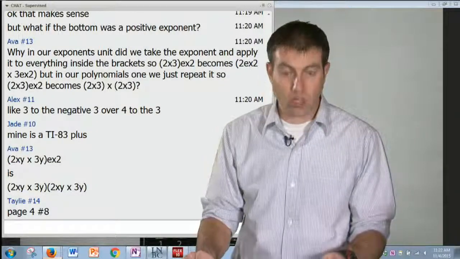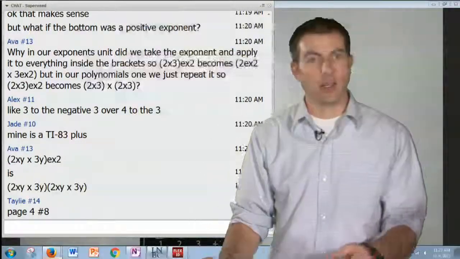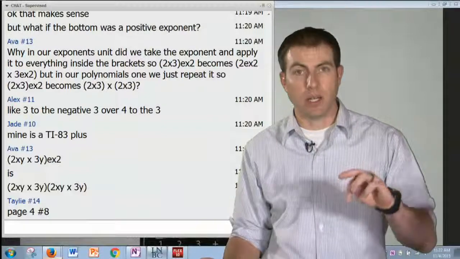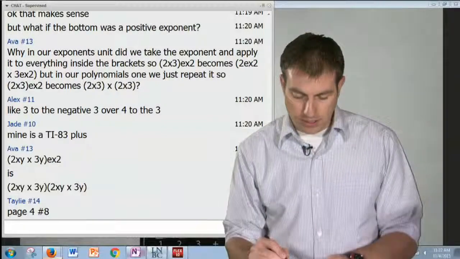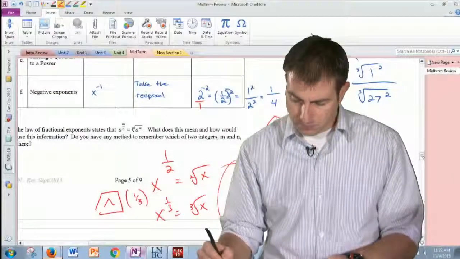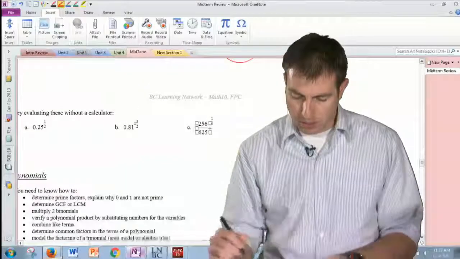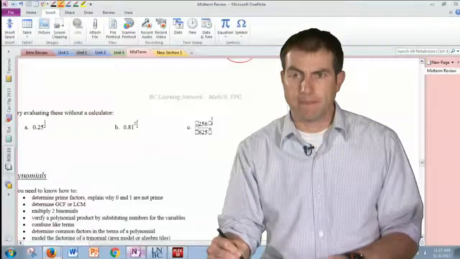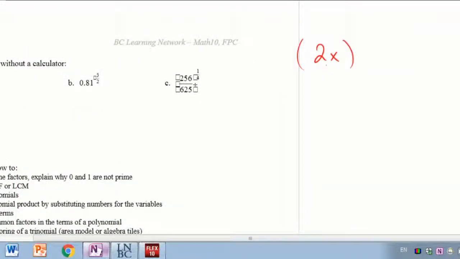That's a really good question, Ava. So the difference that we run into with the polynomial unit as opposed to the other unit was this, and it might not be super apparent right away, but when we had something like, I think you said, 2x to the exponent of 2, both things inside the bracket got our exponent, and we did it that way.